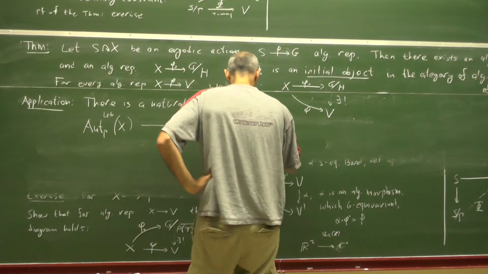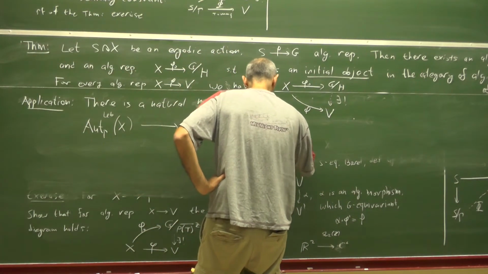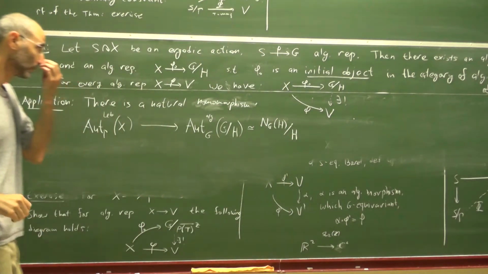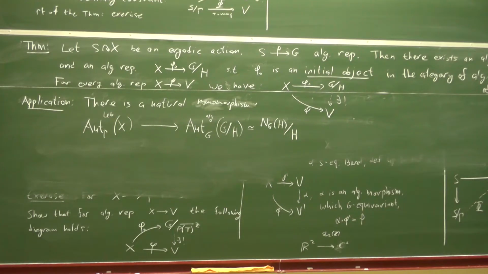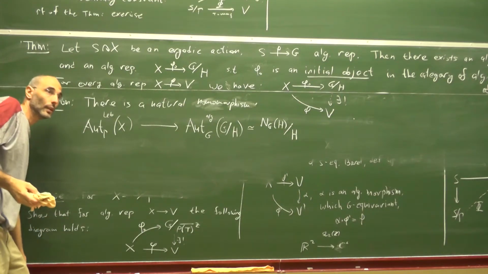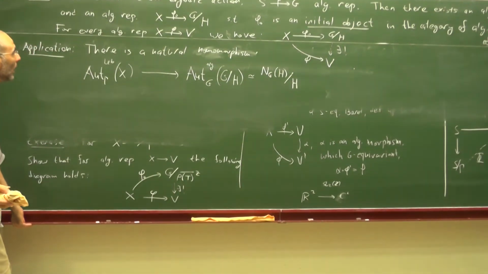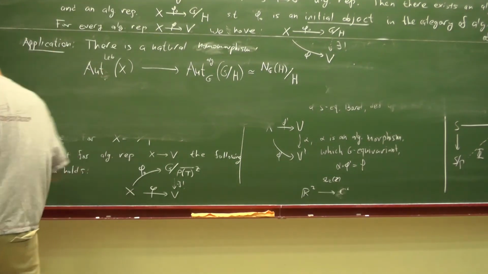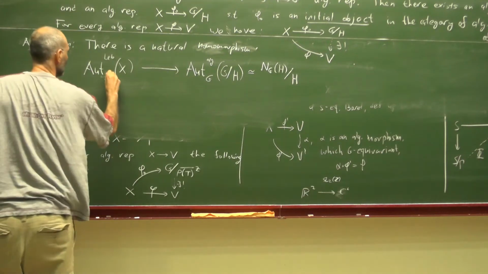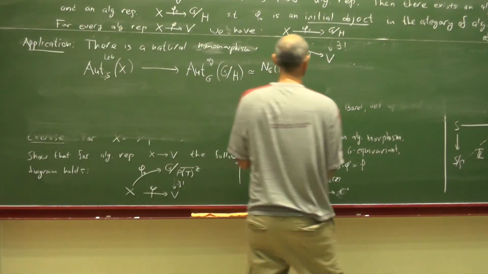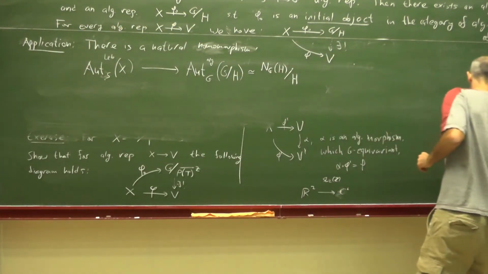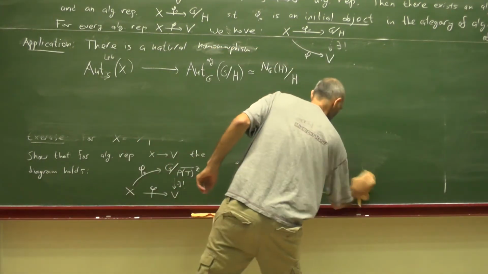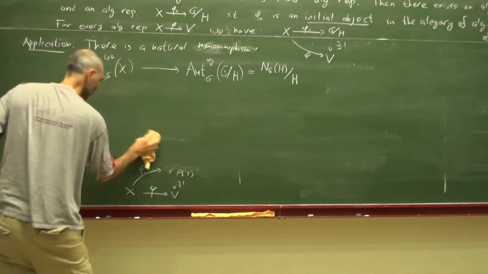This is the same as the normalizer of H mod H. Yes? And the source should be automorphisms as an S space, not as a gamma space.